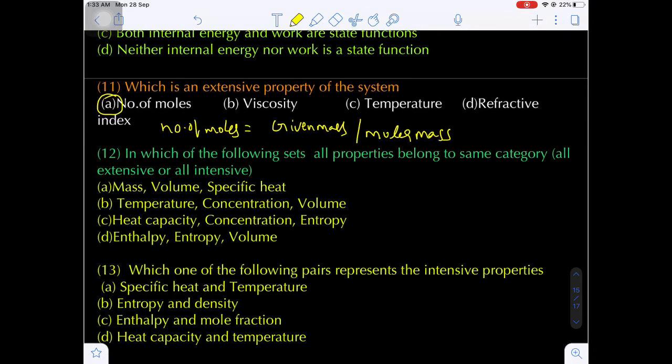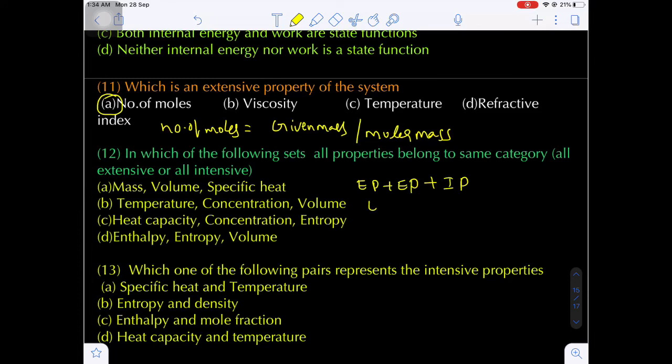Okay. Now come to question number 12. In which of the following sets do all the properties belong to the same category, that is, either extensive or intensive? First option, mass, volume. Mass and volume are extensive properties, and specific heat is an intensive property. Second option, temperature, concentration, volume.